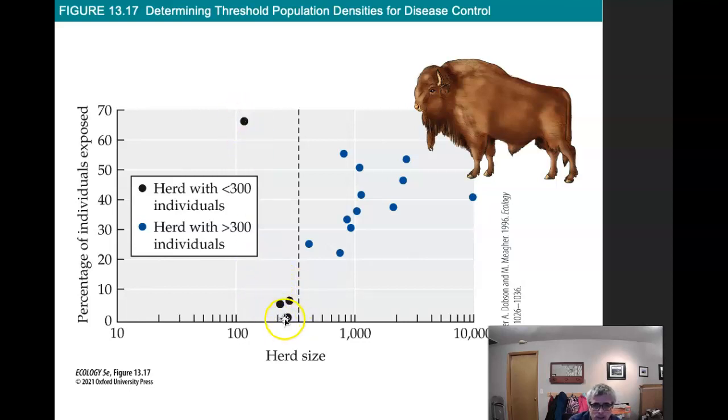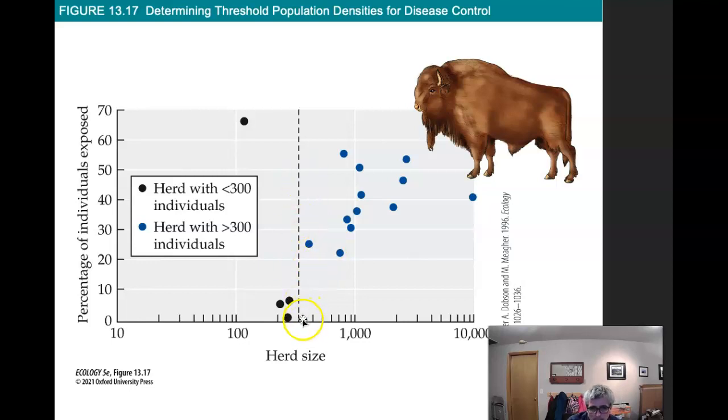So when the herd size is less than 300 individuals, the percentage of exposed individuals is quite small, in the single digits. Once it crosses that ST, that threshold, then the percentage of individuals exposed increases quite a lot. These guys caught it from some dirty elk that came by and gave them the disease.